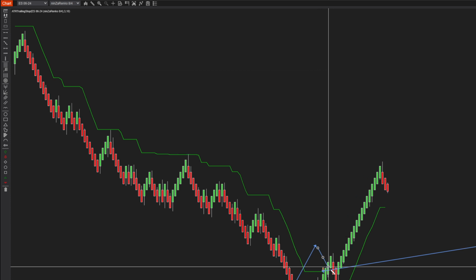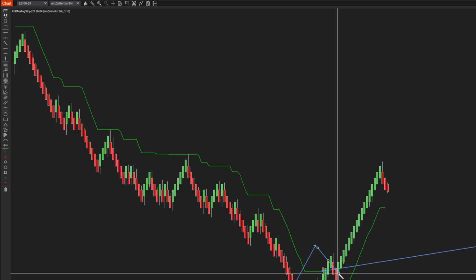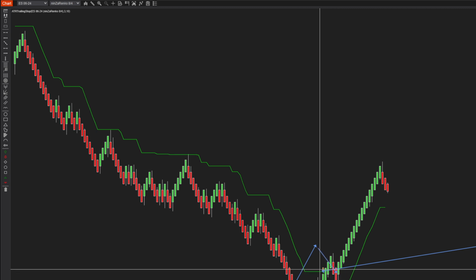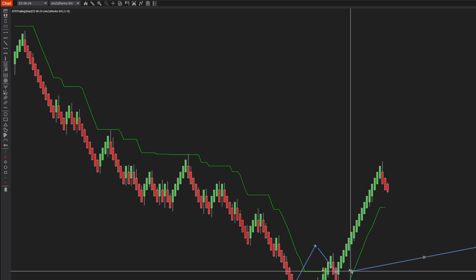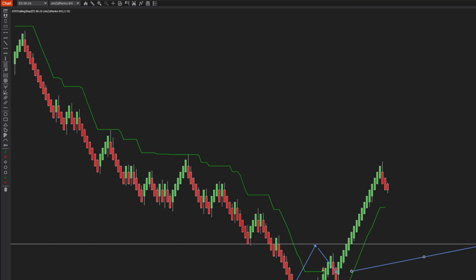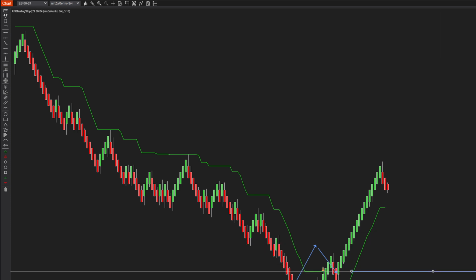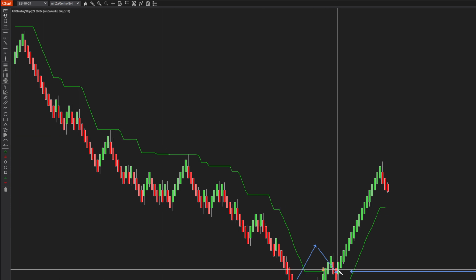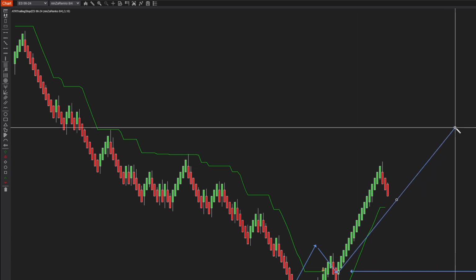So that's really up to you. Normally you take a position right at the break, which is right here. That's where it broke, specifically around that area. So if we make a straight line here, you can see where it broke, and obviously the move into the opposite direction.